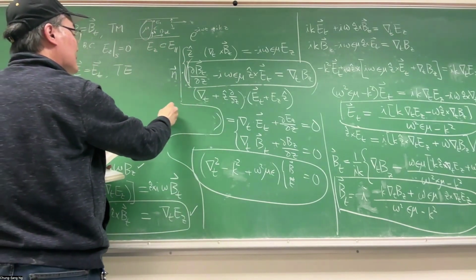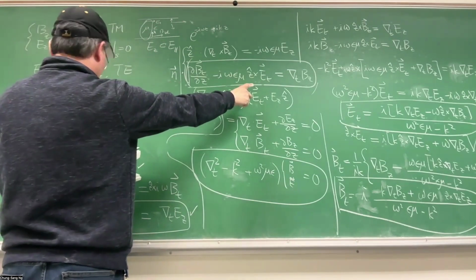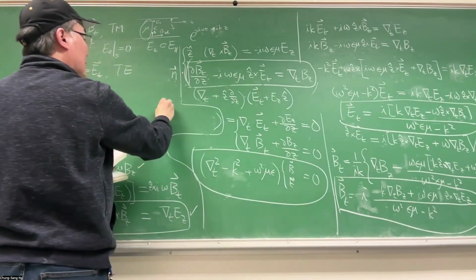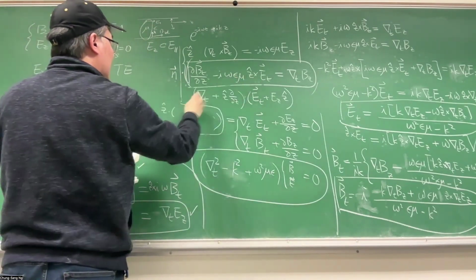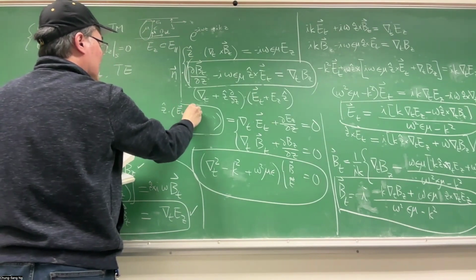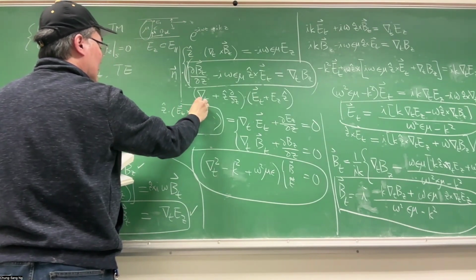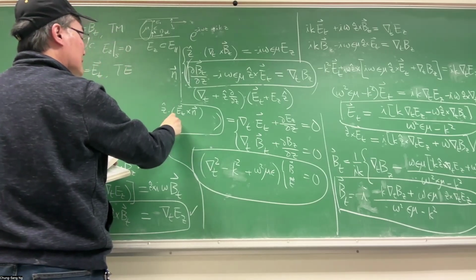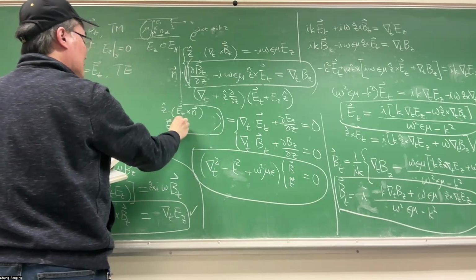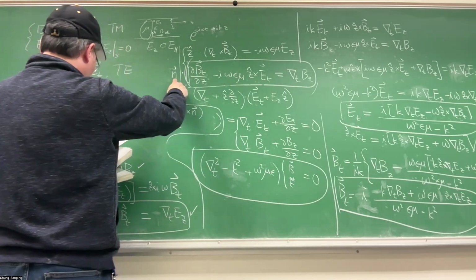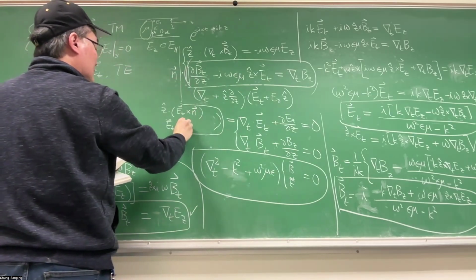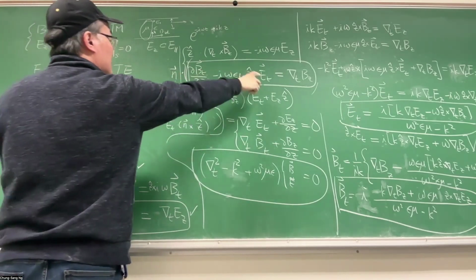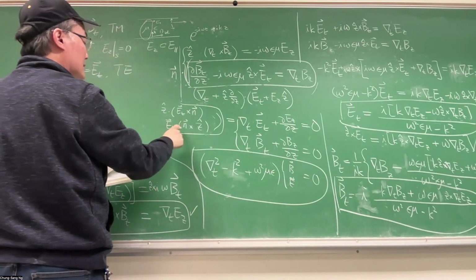A dot B cross C equals B dot C cross A, so it is E_t dot, and then also this, the first one is E_t, z dot into n cross z, n cross z. So this equals to this one.